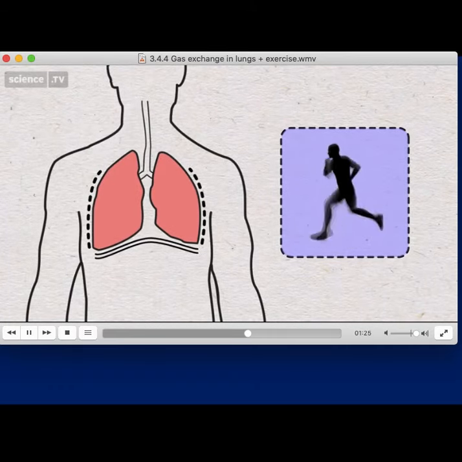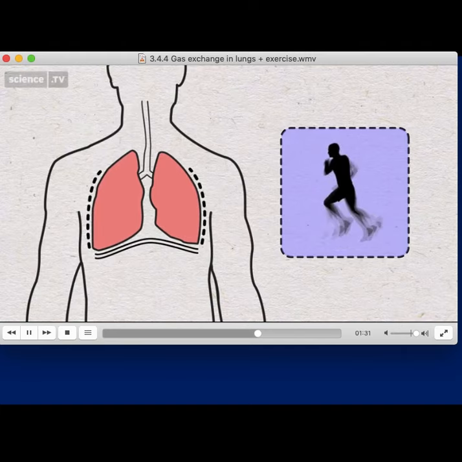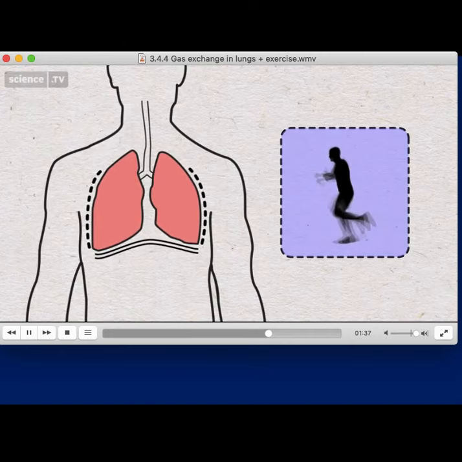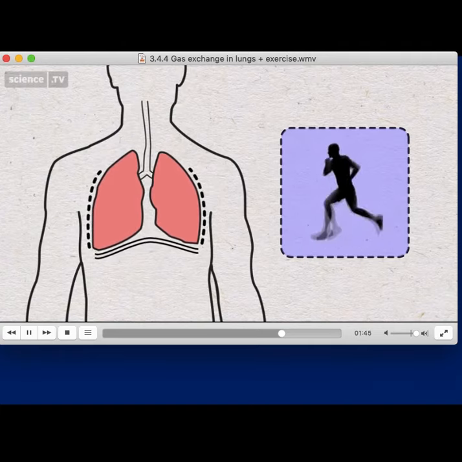Come on, get moving. When you exercise, your body might want 15 times more oxygen. That's a hell of a rise in fuel consumption. So your lungs have to breathe deeper, pulling in more air. And faster, replacing the air more often.